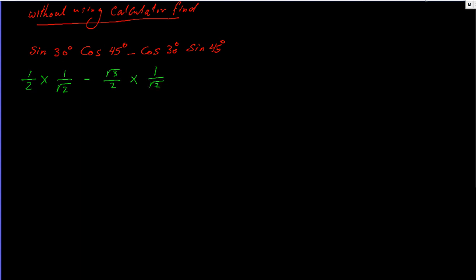We get 1 over 2 root 2 minus root 3 over 2 root 2. It's going to be 1 minus root 3 over 2 root 2. You can use your calculator to find it in the simplest form.